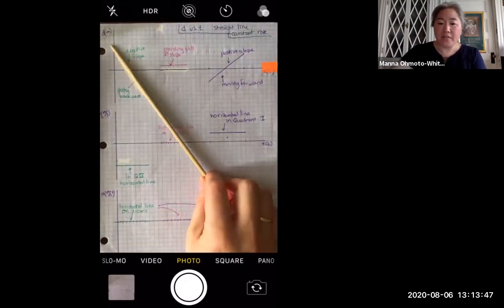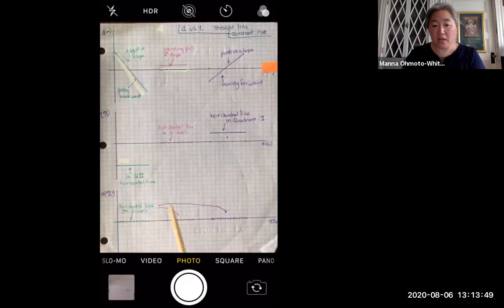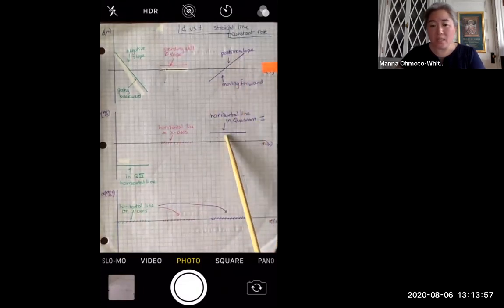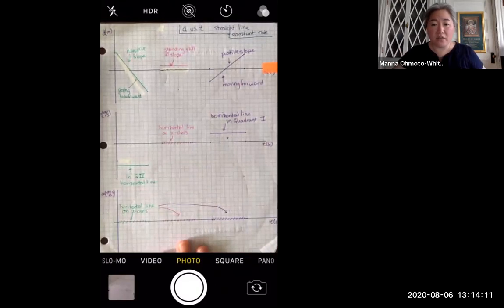If it is a negative slope in my D versus T graph, my V versus T graph will have the line in the fourth quadrant. If it's a positive slope, it will always be a line in the first quadrant in the V versus T graph. So I hope you can see these relationships and they are a little more clear of the relationship between the D versus T, the V versus T, and the A versus T graph. And this is just for straight line D versus T graphs.